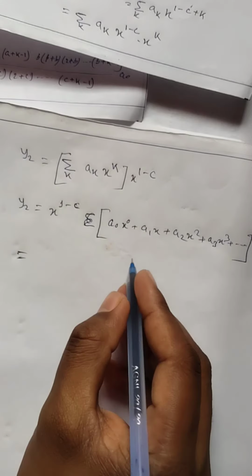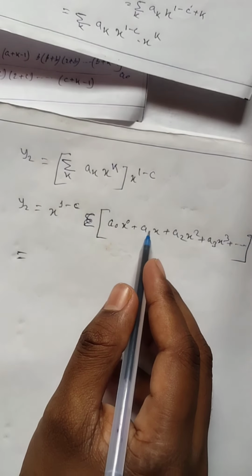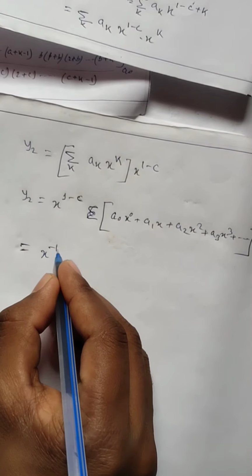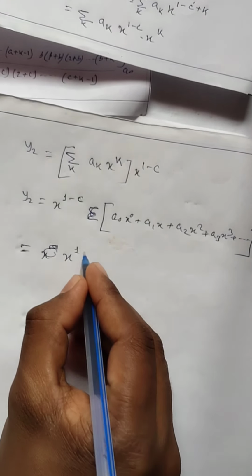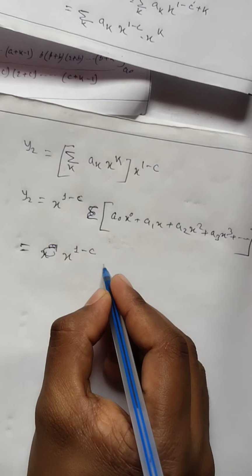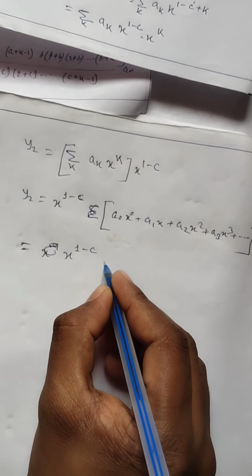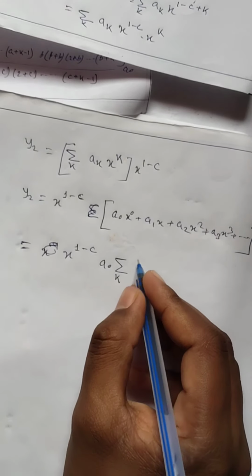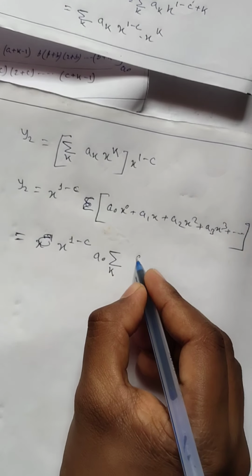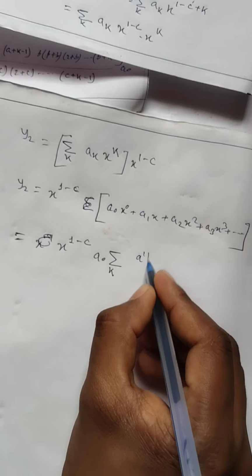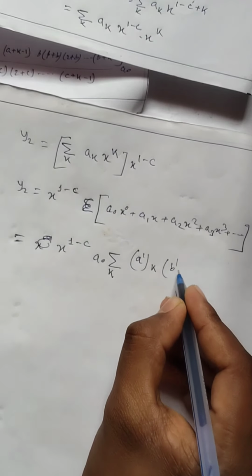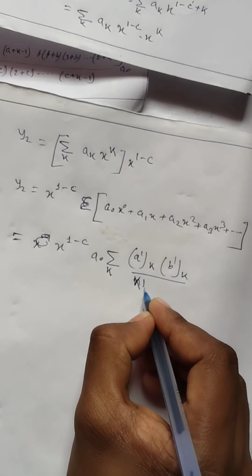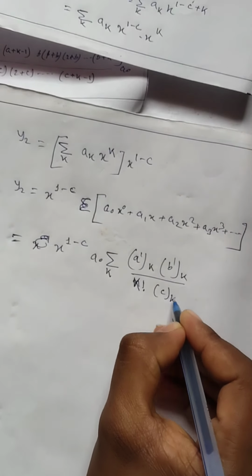So if we put the value of a1, a2, a3, so we get x to the power 1 minus c, and this term will be here a naught common out, and k here will be the sum of a prime k, b prime k, over k factorial c prime k.